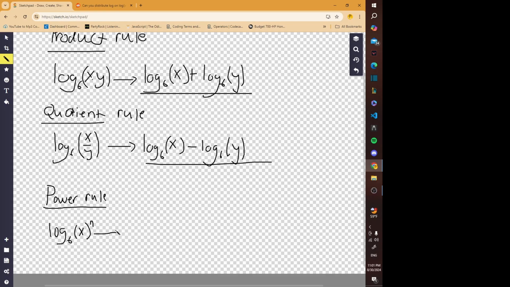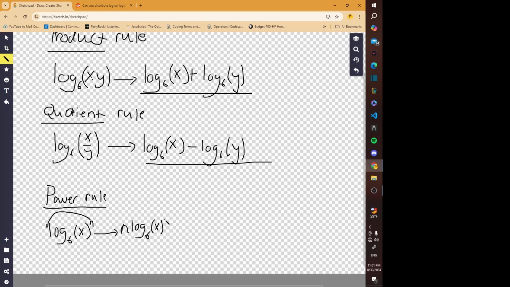So we can manipulate this by putting this nth power to the front of the logarithm. So we could rewrite this as n log base 6 of x, okay? So this n can be moved in front.